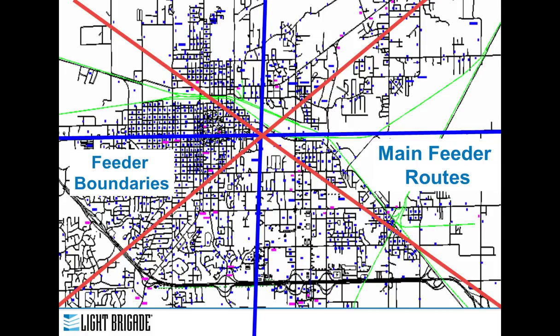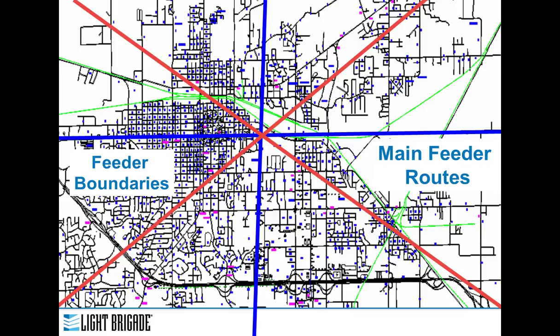So this is an example of a small town. The little blue dots represent users. We definitely have a density effect here that we would adjust for. We overlay our ideal model, determine where our main feeder routes in blue are overlaid on our area. The green lines are railroads.